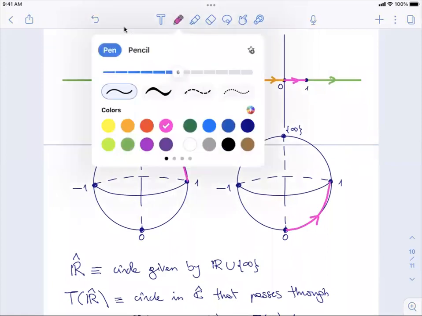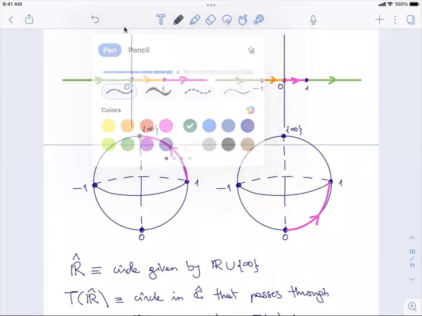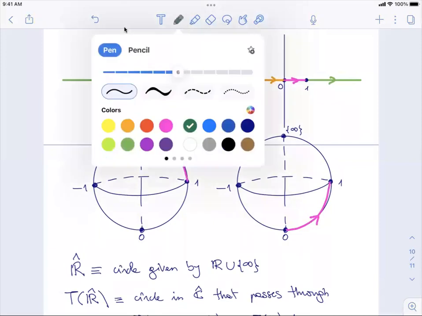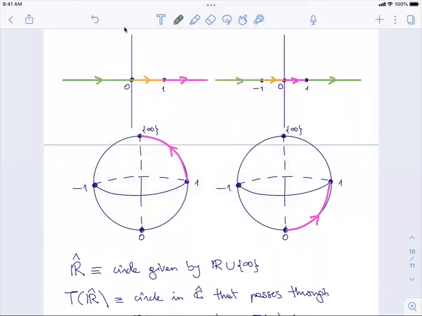Okay, now the part that goes from infinity to 0, right? That's this part, this arc, all right? That gets mapped to the part that goes from 1 to -1, but going through infinity.